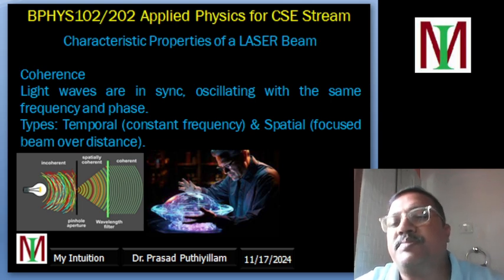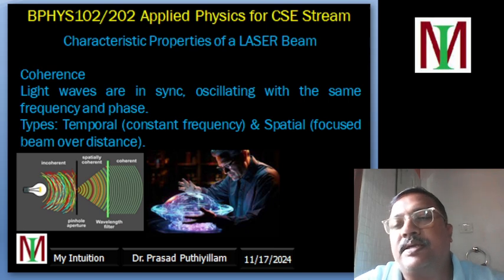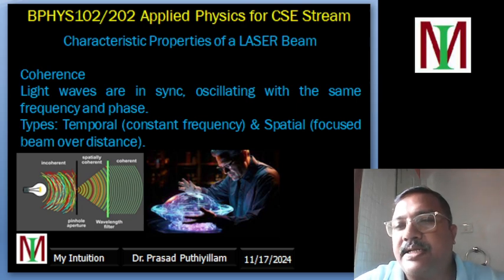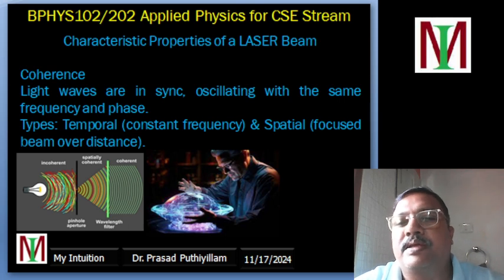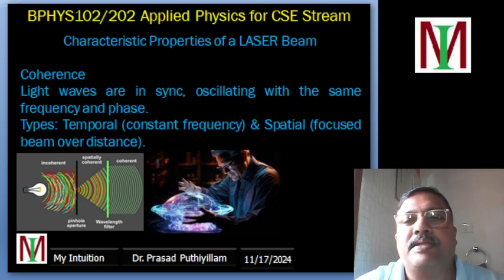There are two types of coherence: temporal coherence and spatial coherence. Temporal coherence means that the light emitted by the laser maintains a constant frequency over time. This is crucial for applications like holography.